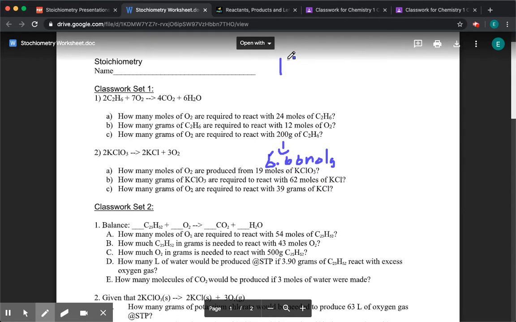Remember, step one is set up your ratio. What are we going from? Where are we going to? We want to go to oxygen. How many grams of oxygen? We're going to oxygen, so in our ratio, oxygen needs to be up top. On the bottom, we are coming from C2H6, so C2H6 needs to go on the bottom of the ratio.